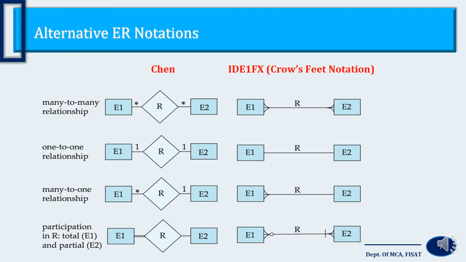Similarly, we can have the undirected line or the directed line for representing the many and the one relationship in the Chen's notation. And in the crow's feet notation, we are having an entirely different type of notation. The plain line itself signifies the one-to-one relationship. And if you are having a many relationship in either of the entities, then we should place an arrow at that particular entity end. Okay.